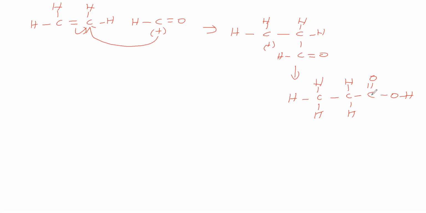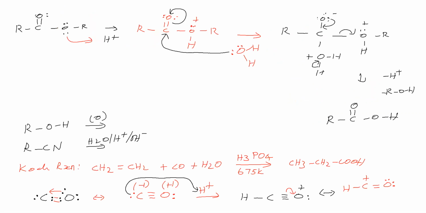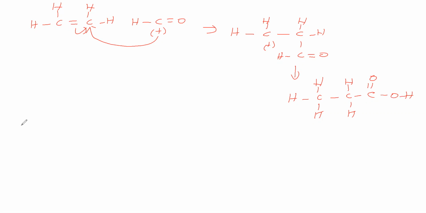Okay, so here the temperature provided is 675 Kelvin. Next reaction we'll see. Now we will take propene for Koch reaction. Here the electrophile C plus will attack the double bonded carbon which is more substituted, and only there will the electrophile attack.